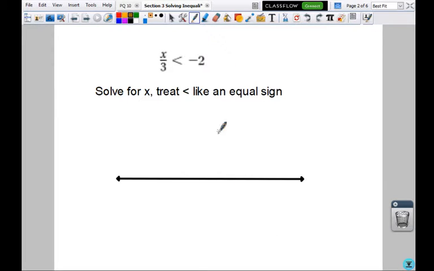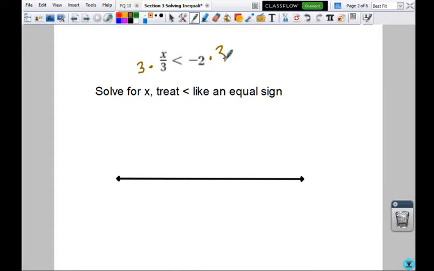So, I have x divided by 3 is less than negative 2. And just like before, we are going to do the opposite to get that x by itself. So let's just start off with Robert. What's the opposite of this divide by 3? You multiply it. Yep. We are going to multiply by 3 to get this x by itself.